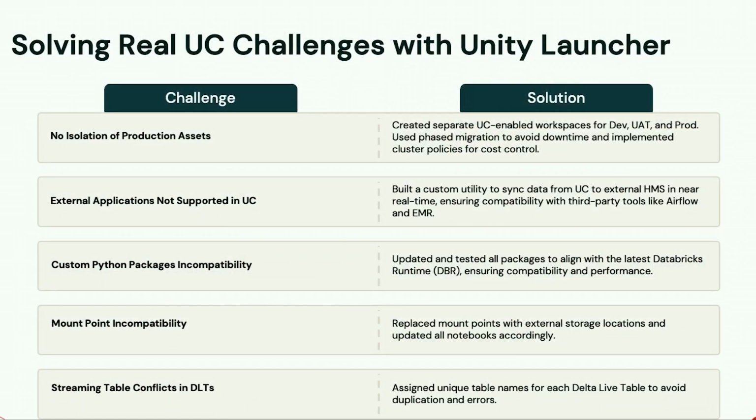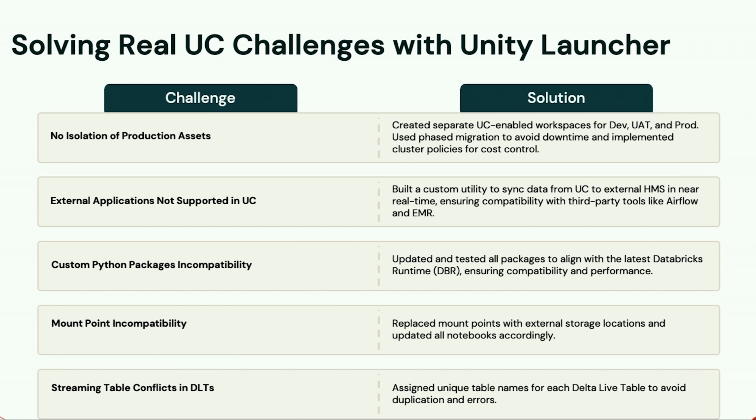So what is the real UC challenge? One big UC challenge that we've seen is the inter-workspace upgrades. So I'm not just upgrading the existing workspace, but actually upgrading it to the next one, to the new one. So from no isolation of production assets to a UC-enabled workspace and external applications. External application, the word is application and not just the data asset.